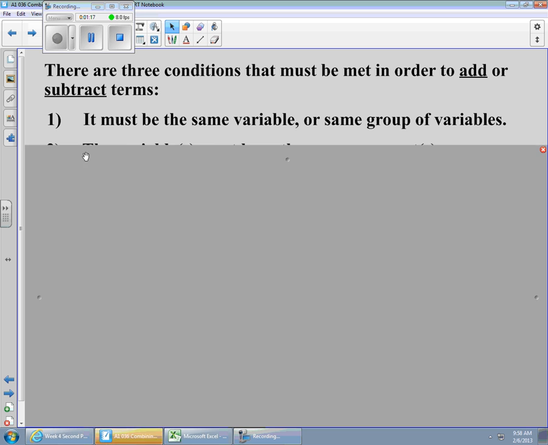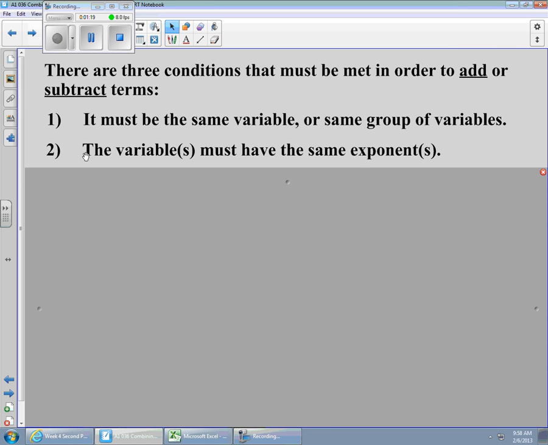The second thing that absolutely has to happen if you are trying to add or subtract 2 terms, the variables that you are working with or that the problem has in them must have the same exponents. The variable or variables must have the same exponents.